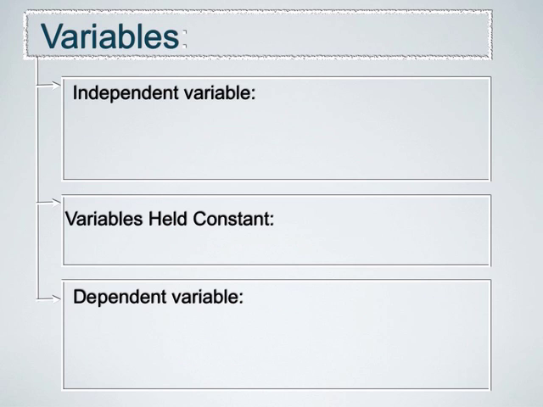When we do set up our experiment, again, we have different groups that we set up, and we have these variables. You know, the independent variable, variables held constant, and the dependent variable. So the independent variable in the experiment, a variable is just sort of a factor in your experiment. You can measure something, you can change.